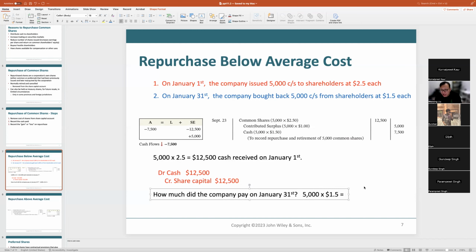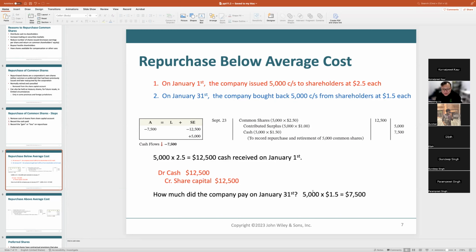So together, they actually only pay 7,500 cash, right? So on January 31st, they only pay the shareholder $7,500 cash.